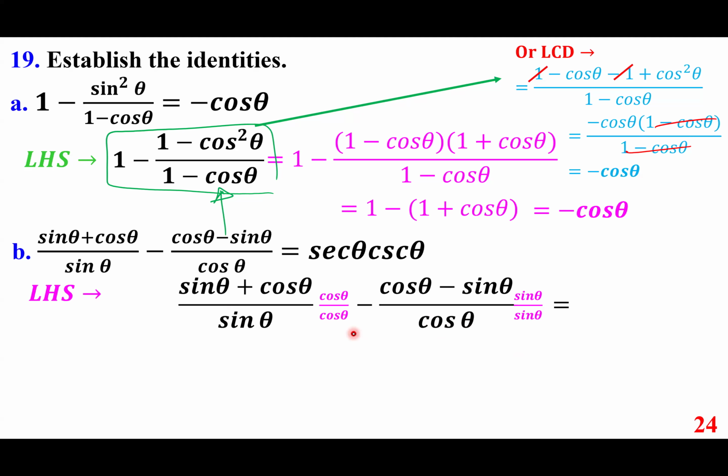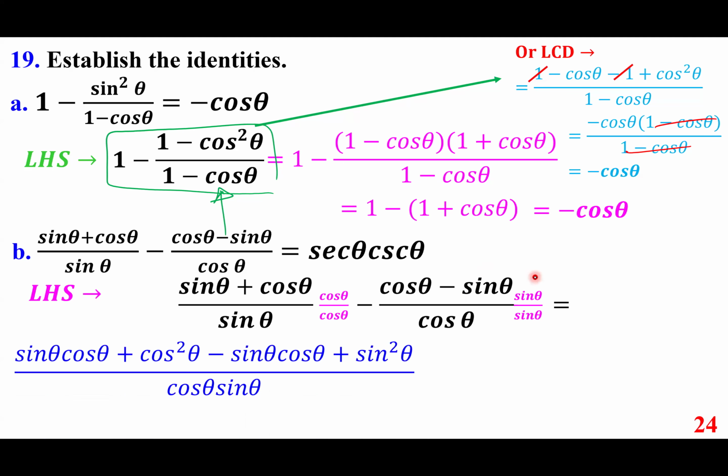And so having said that, this becomes sine theta cosine theta. This becomes cosine squared. Minus, this becomes cosine theta sine theta or sine theta cosine theta. Minus and minus becomes plus sine squared. So I'm assuming no one has any problem adding the two fractions with a common LCD.